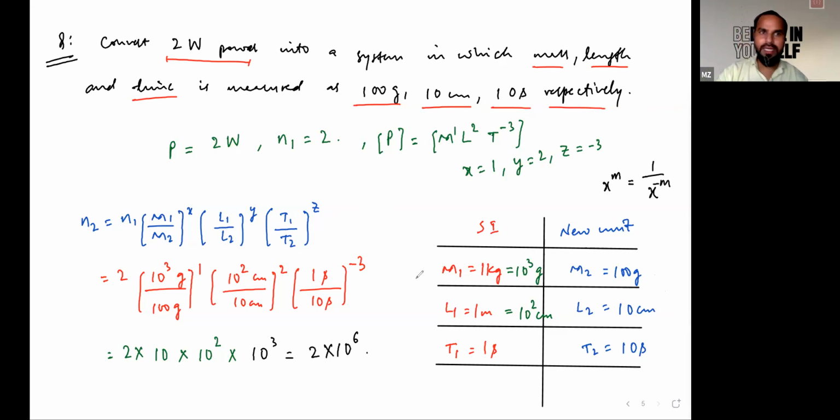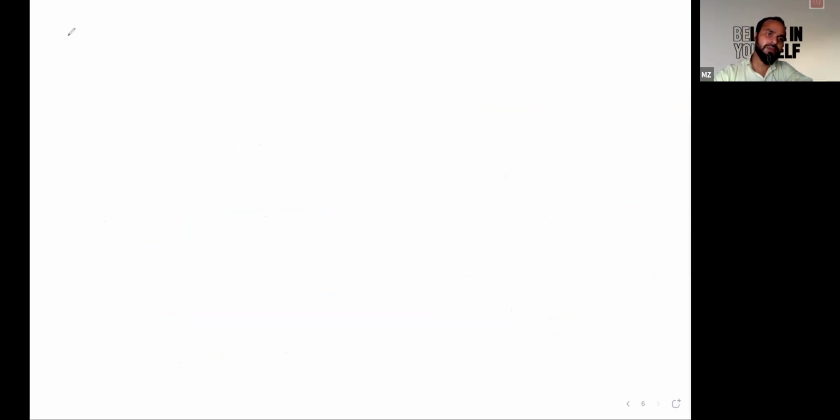Okay, we have just defined how to convert whether they are CGS, FPS, or any of the new units in which they will ask you. I'm giving one typical problem related to this. Try to solve.